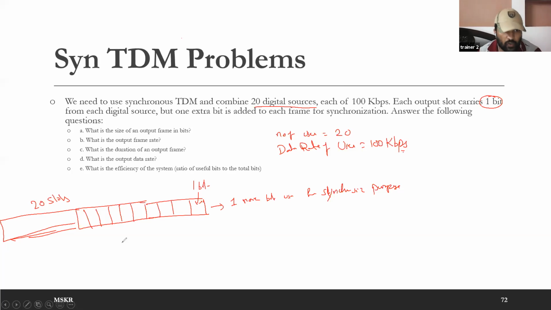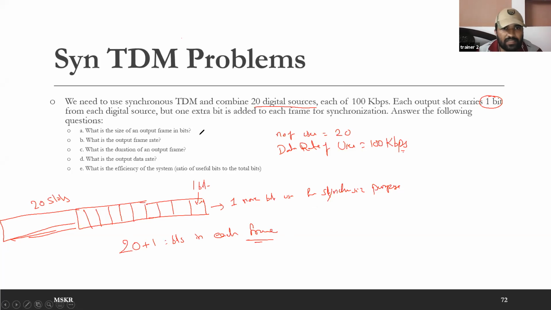That means the total will be 21 bits in each frame. This is a tricky question. 21 bits in each frame. Now let's go to the question.